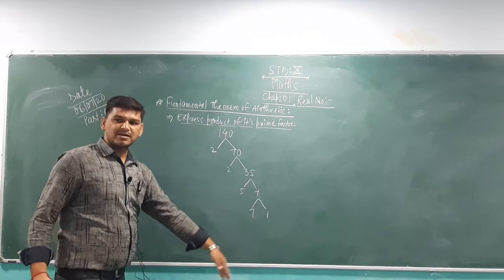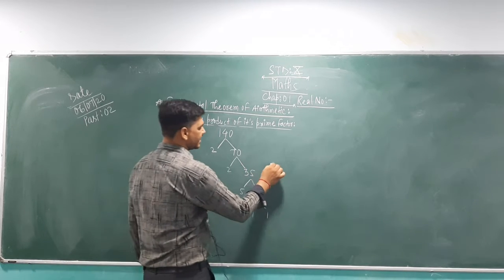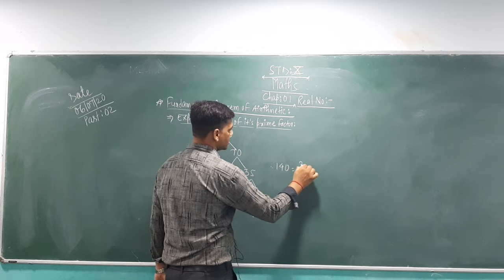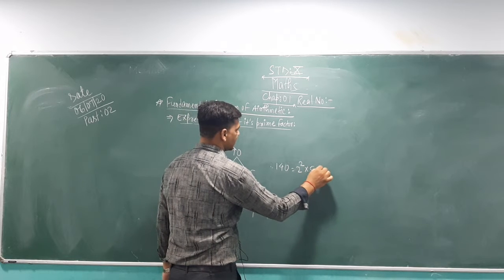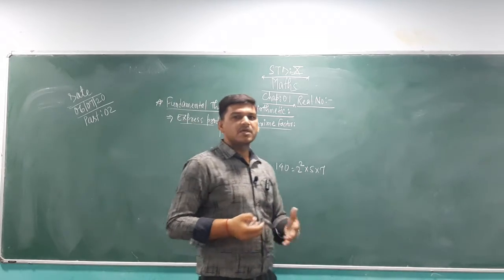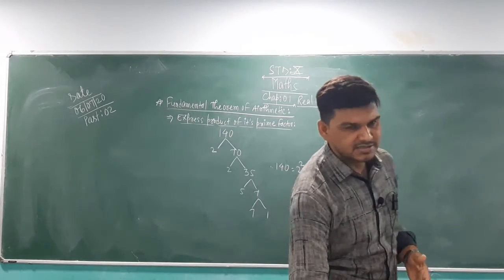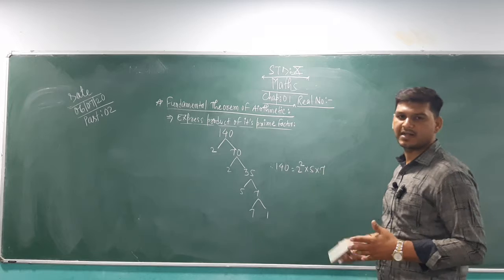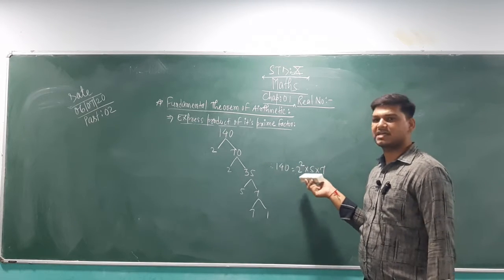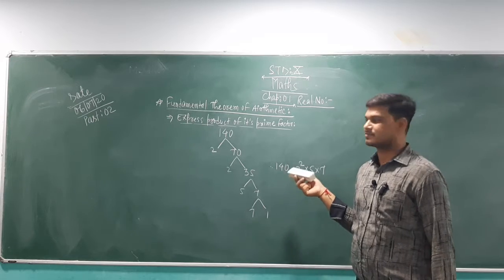So what are the prime factors of 140? You write here: prime factors of 140 are 2 raised to 2 into 5 into 7. So it is very easy. If you want to find the prime factors of 140, by implementing division we can easily convert it into its prime factors.